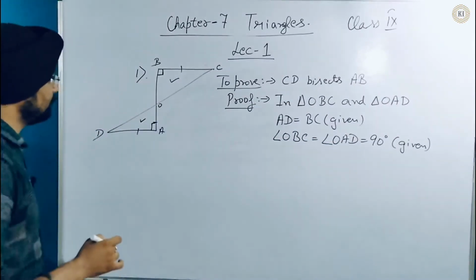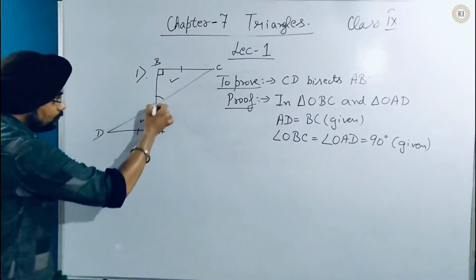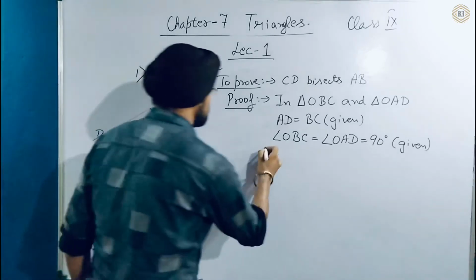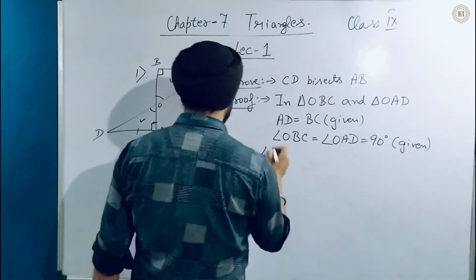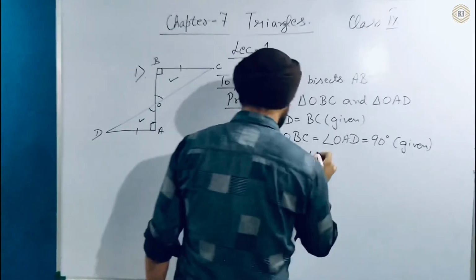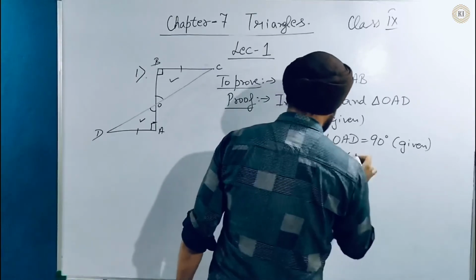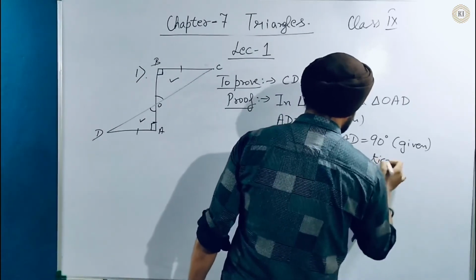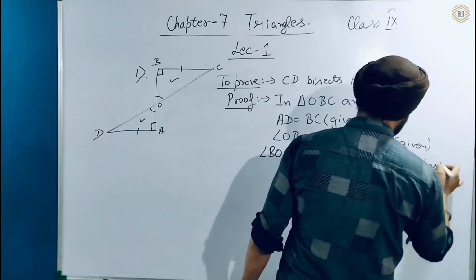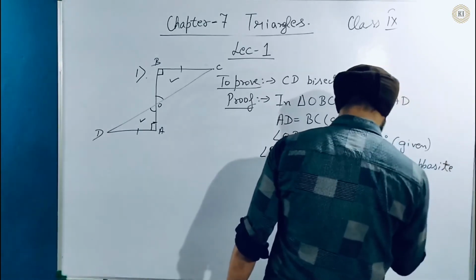And third, these two angles are vertically opposite angles. So angle BOC is equal to angle DOA. Reason: vertically opposite angles.